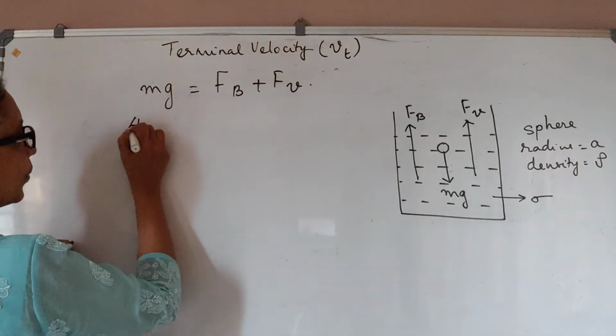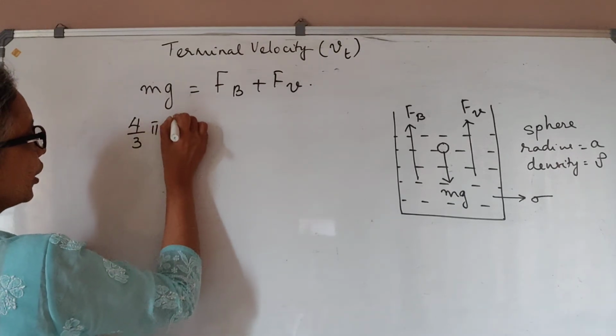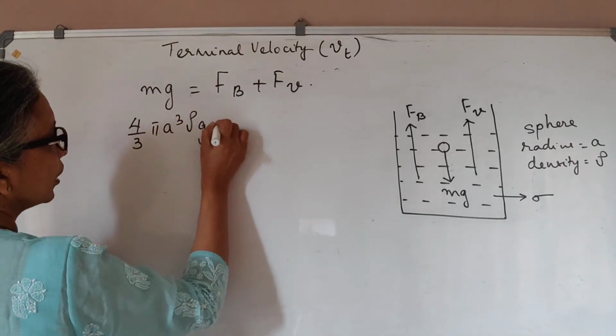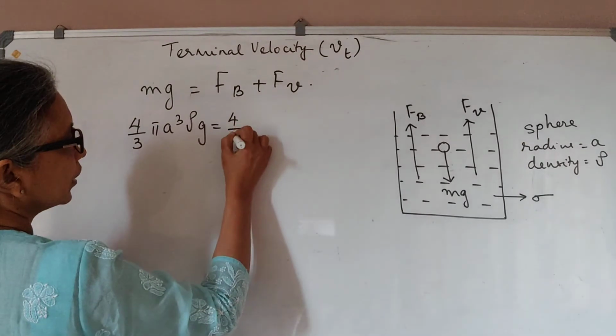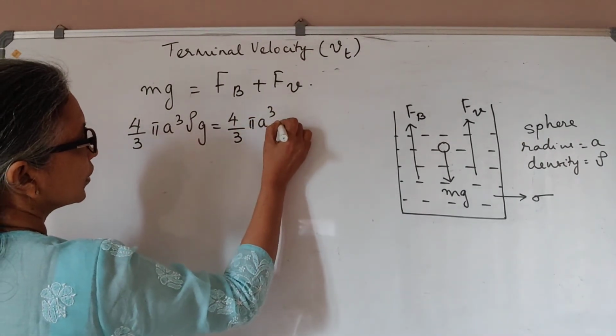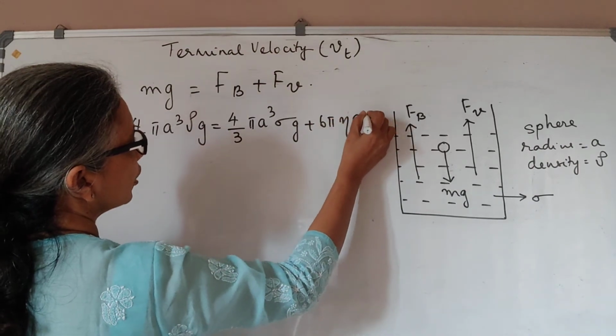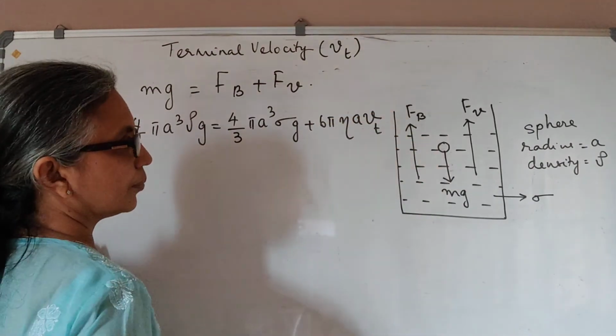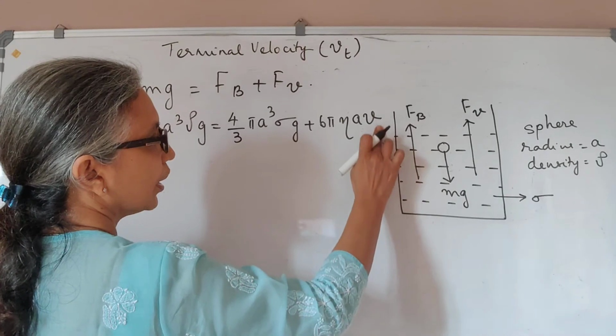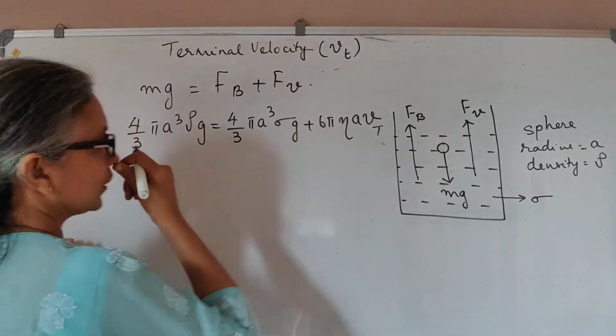So this was 4 by 3 pi a cube rho into g equal to 4 by 3 pi a cube sigma into g plus 6 pi eta a into v, which is called the terminal velocity Vt. And we need to find an expression for this Vt.